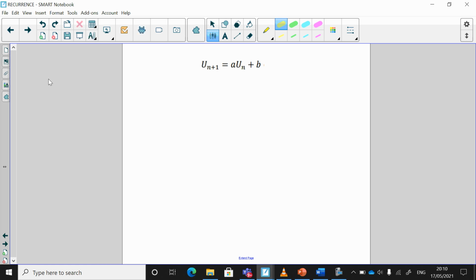Eventually, un plus 1, if there is a limit, will actually equal un. The answers will not change. So that means that you've reached a limit. So that means that the next term will depend on the last term, which will be your limit.